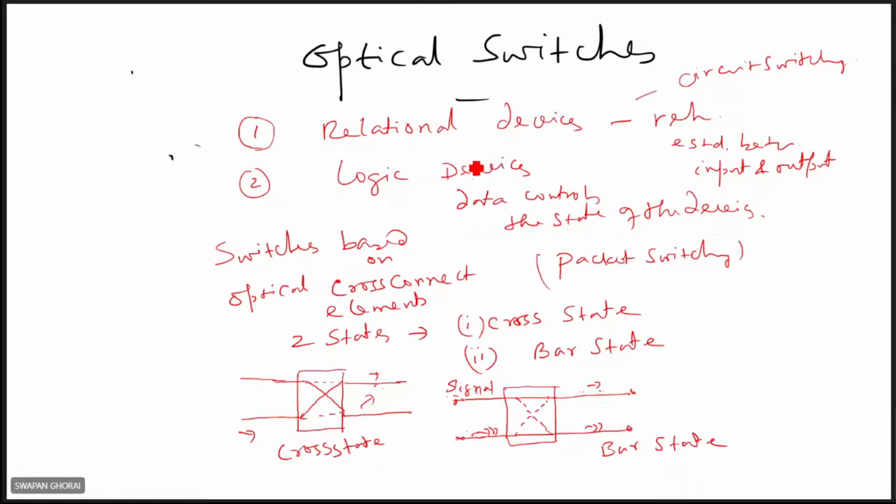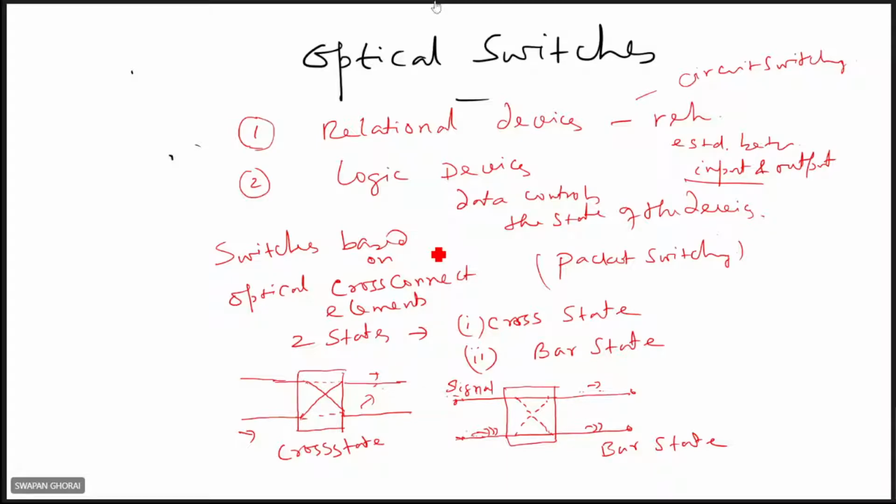In relational devices, a relation is established between the input and output, and that relation is a function of the control signal that is applied to the device. And that relation is independent of the contents of the data, right?